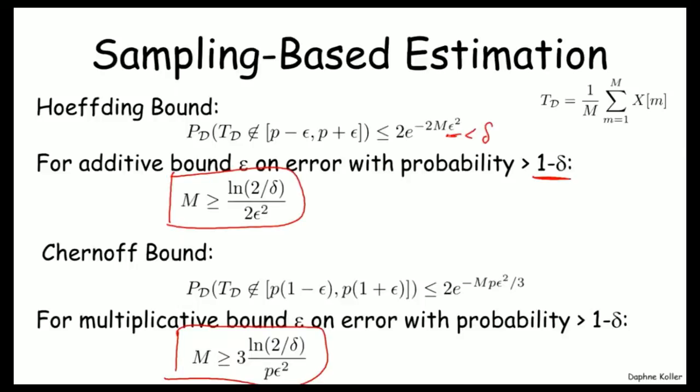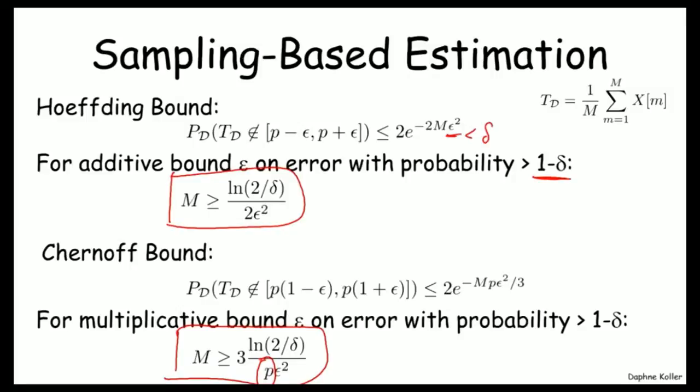Now you might say, well, fine, let's use the Chernoff bound because that gives me relative errors on P. So if P is small, then I can have a multiplicative factor of P, so I can say P plus or minus 1% of P. Well, unfortunately, there's no free lunch because if P is small, notice that it appears here in the denominator, and so once again, we need a number of samples that could potentially be quite large when we're dealing with small probabilities.